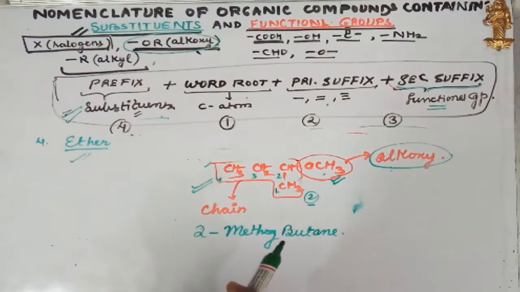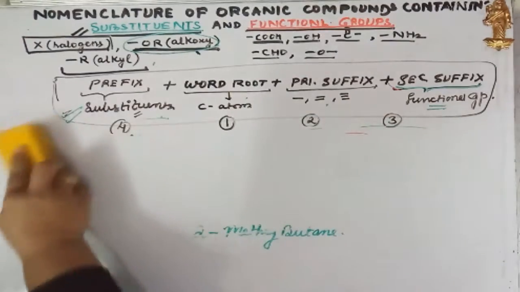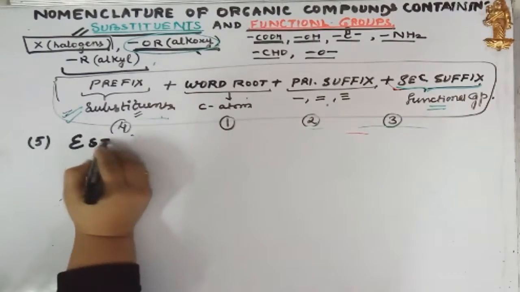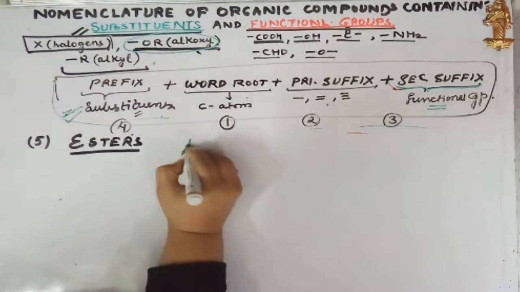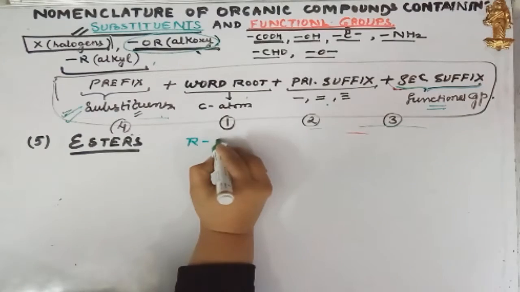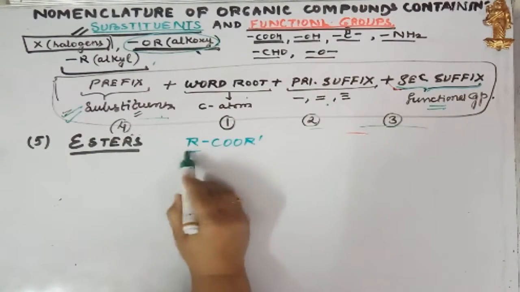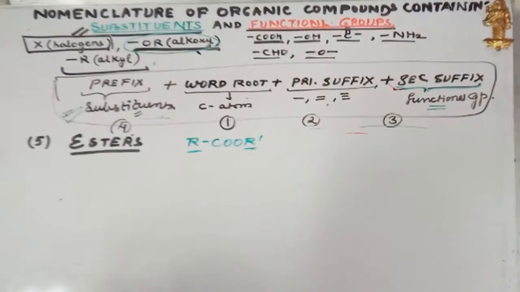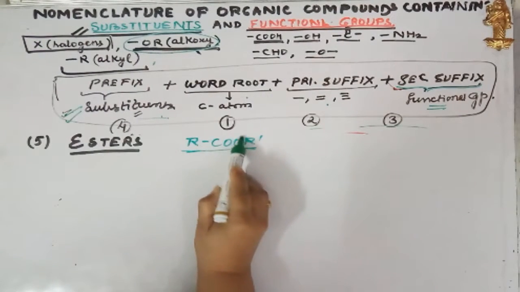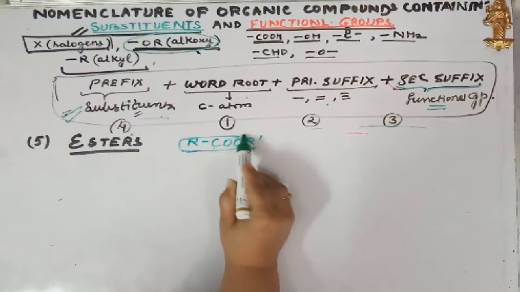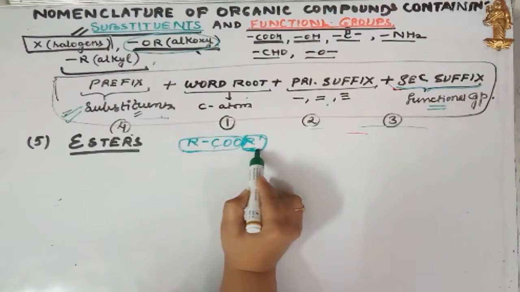Hope it is done. Let us take one more kind of functional group, and that is esters. Esters are generally written down as RCOOR'. Here again we have two parts, R and R'. And always remember, the part which is attached to the carbon atom will be considered as the chain, and the other part, which is separate, will be considered as an alkyl group.